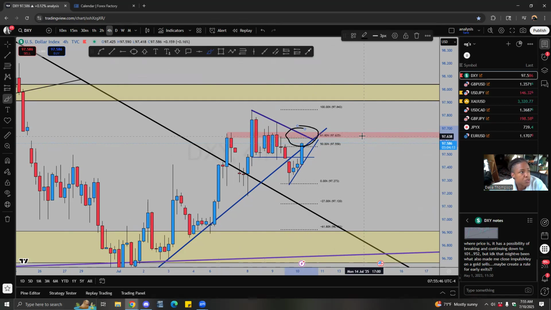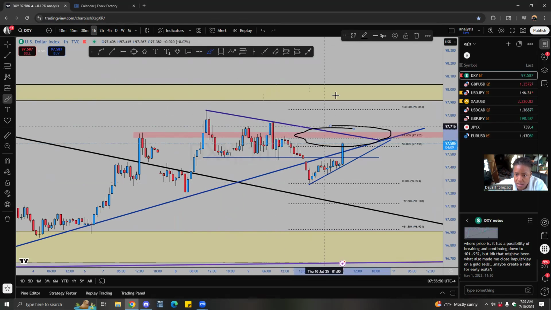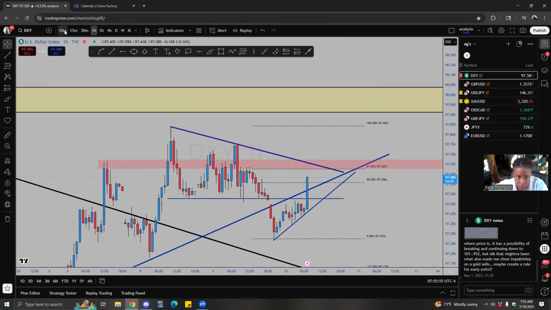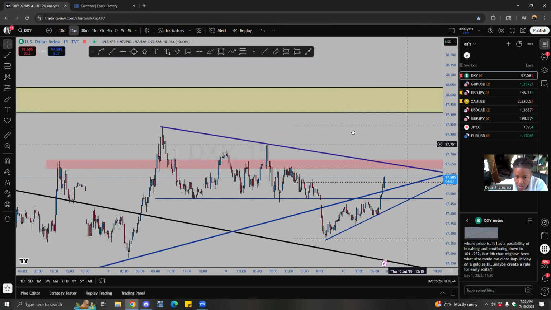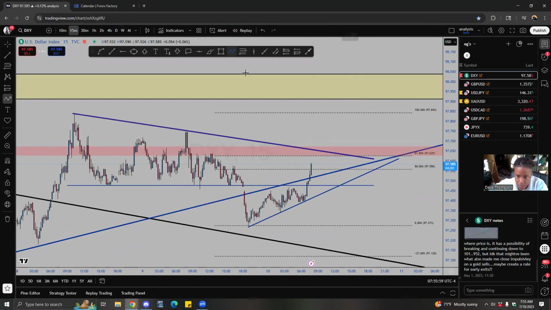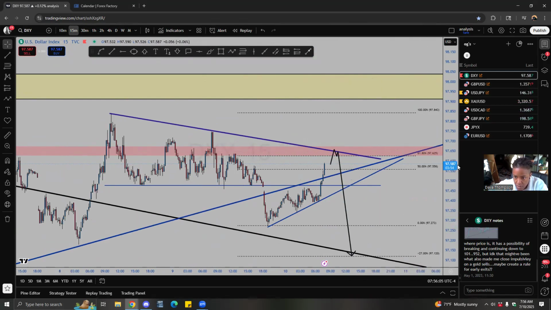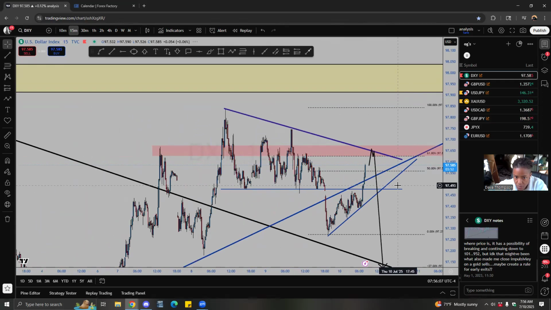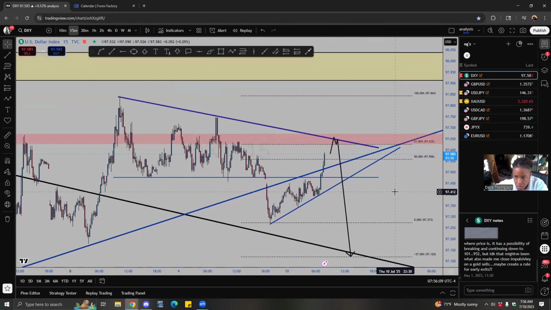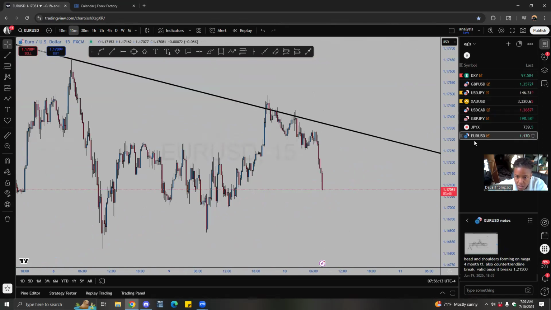Because the 4 hour is smooth, so the 1 hour had to break to get here. And when that's the case, to me, this is simply a 1 hour setup, and I'm able to look for 15-minute candlesticks. Boom. So this is the move that I'm going to be looking for today. And because I'll be looking for dollar to go bearish, EU should fly today.